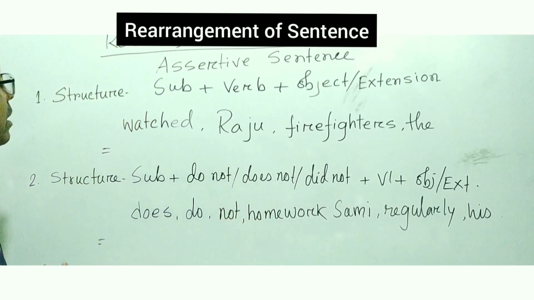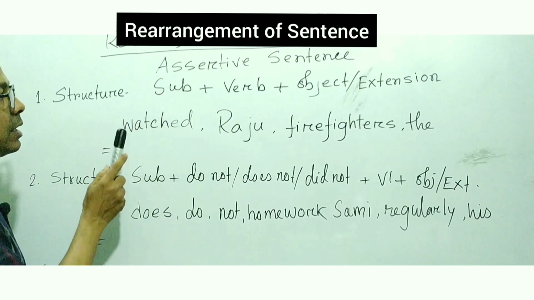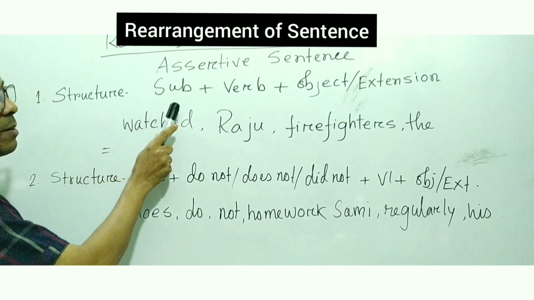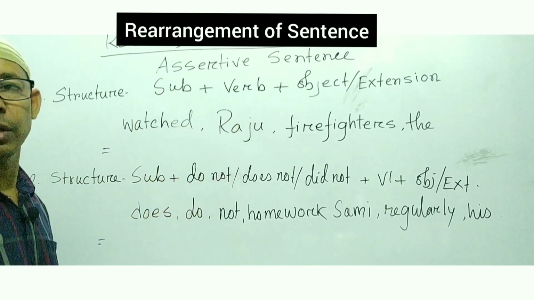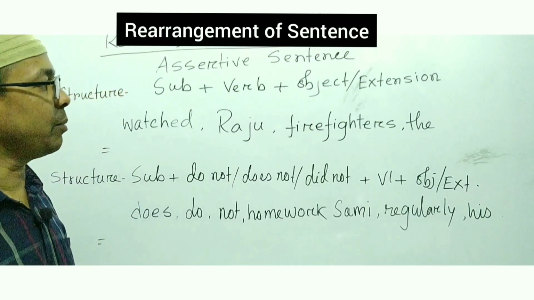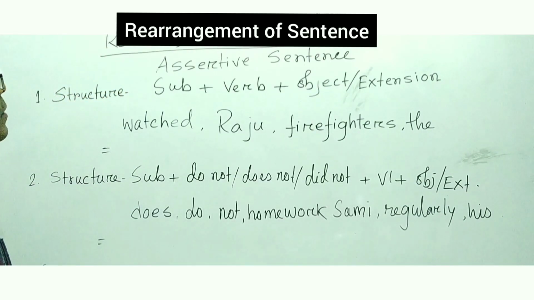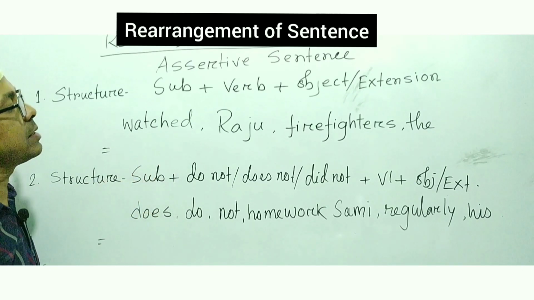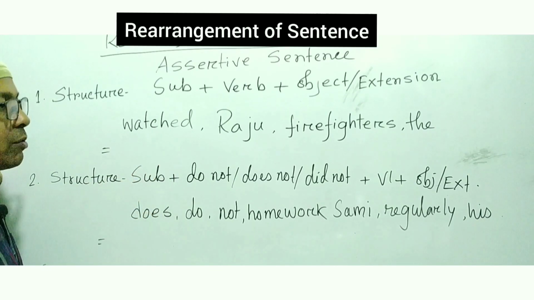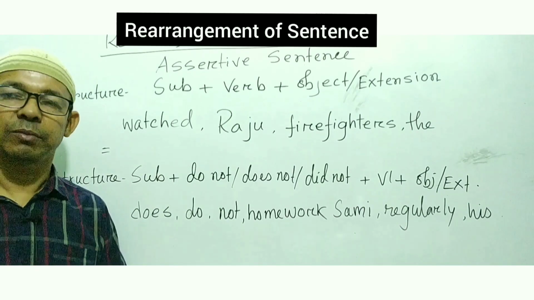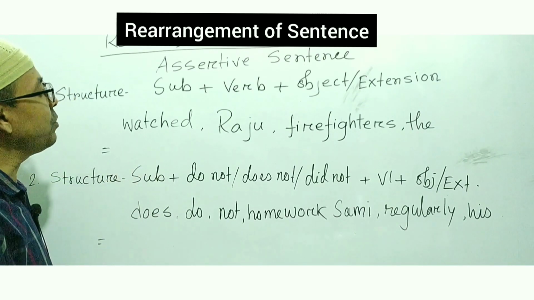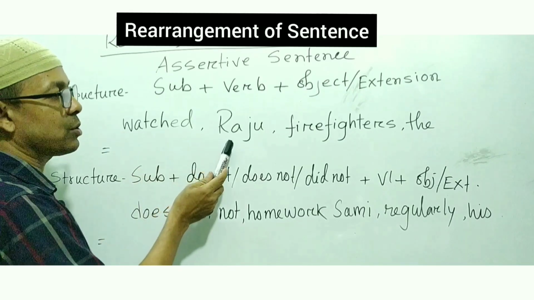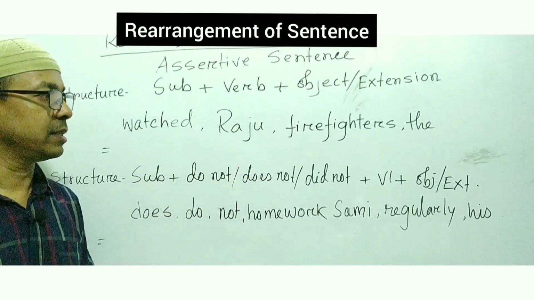So my dear students, here, assertive sentence, structure 1: subject plus verb plus object or extension. Okay, now rearrange the sentence. At first you have to find out the subject from the jumbled words. Here you can see watched, Raju, firefighters, the.